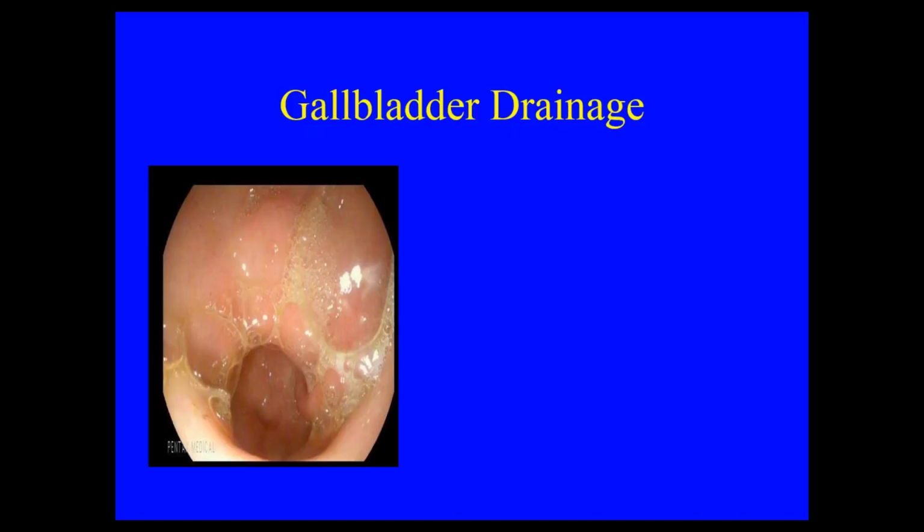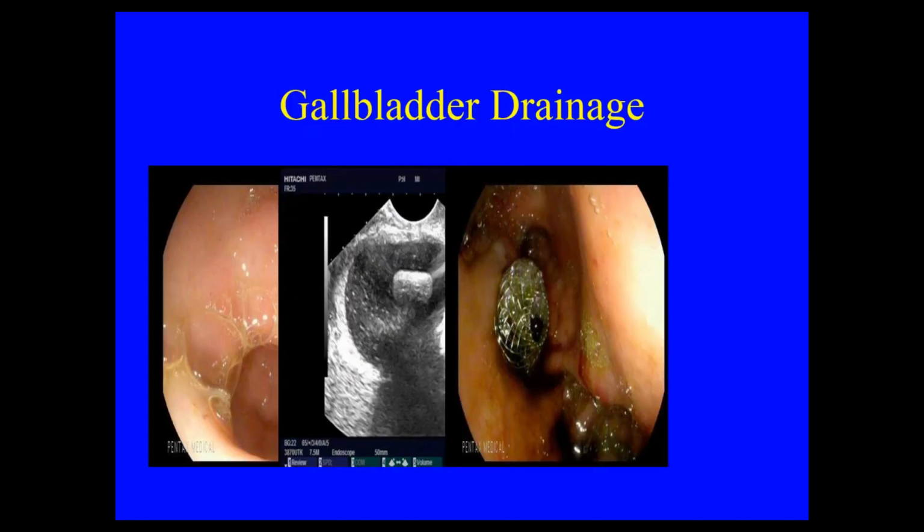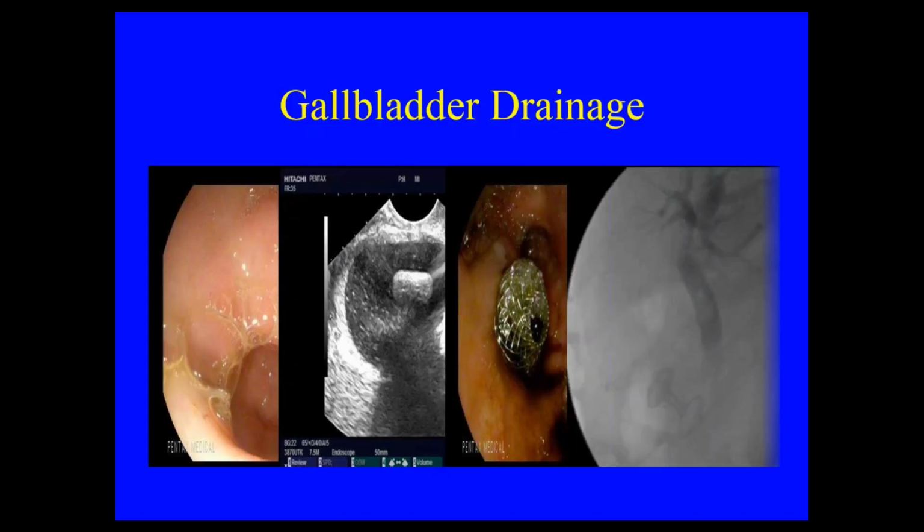Here on the left, you see that initially the gallbladder creates an external compression into the stomach. On EUS, you see the gallbladder here with a big stone in the middle, and then a similar stent was placed to create a fistula between the stomach and the gallbladder.